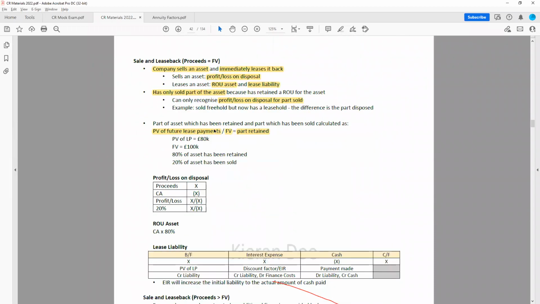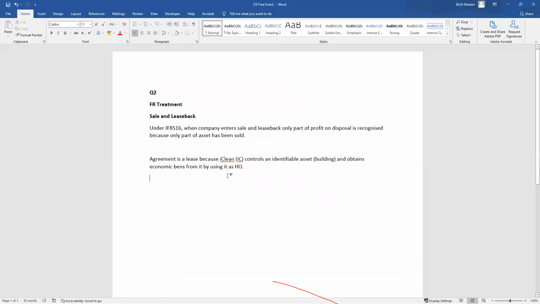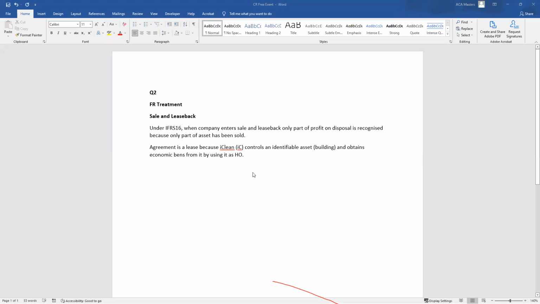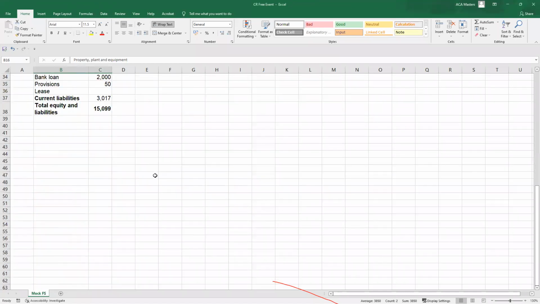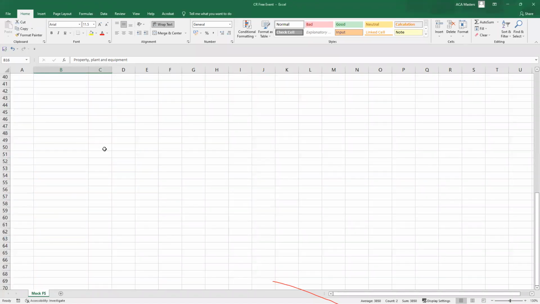So then we have to think about how much of this profit or loss on disposal can be recognized. So if we start to think now about some of the numbers that we would calculate here with the sale and leaseback, as I said, when we're thinking about the profit or loss on disposal, now first off, calculate your profit or loss on disposal as you always would. So you'd have your proceeds minus your carrying amount, and then you get to the profit or loss on disposal.